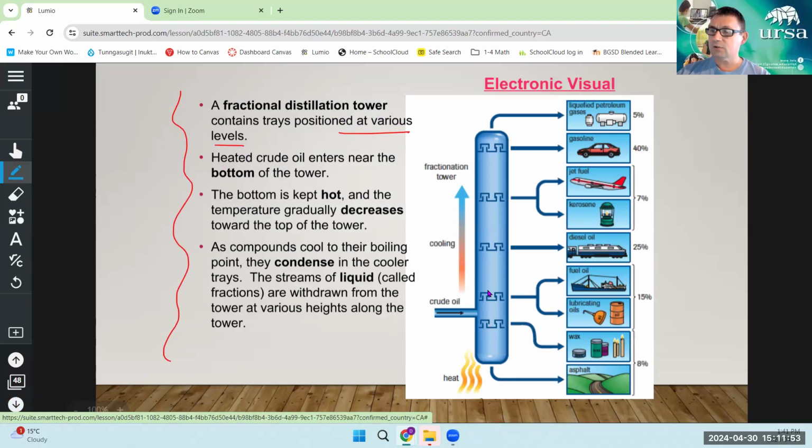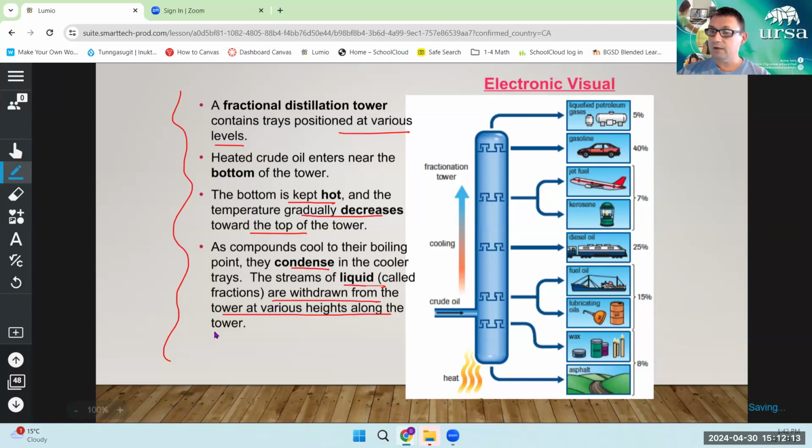As it rises, it starts to cool. As it cools, the different components condense out at different levels based on their corresponding boiling and melting points. The bottom is kept hot and the temperature gradually decreases. As it rises, it condenses, and these fractions get withdrawn at various heights along the tower.